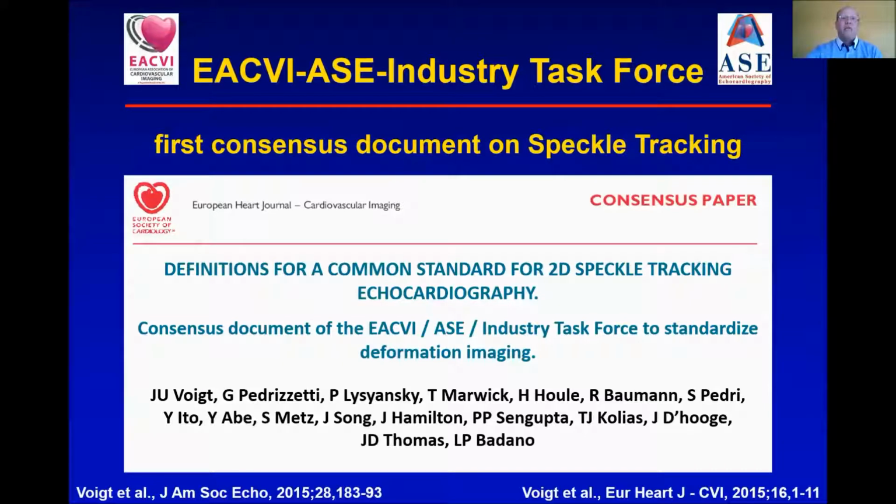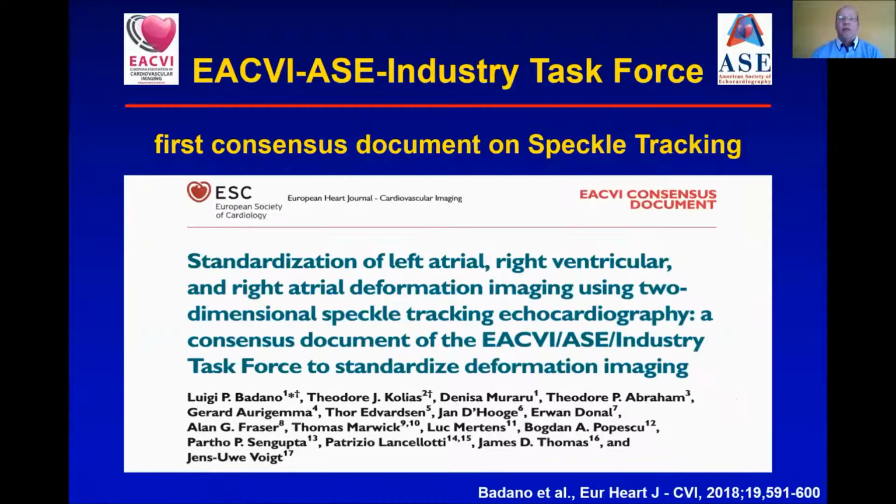And we have a task force from the EACI and the ASE, and this task force tries to find a consensus on how we should measure left ventricular strain and how we should measure other strains like right ventricular or atrial strain.